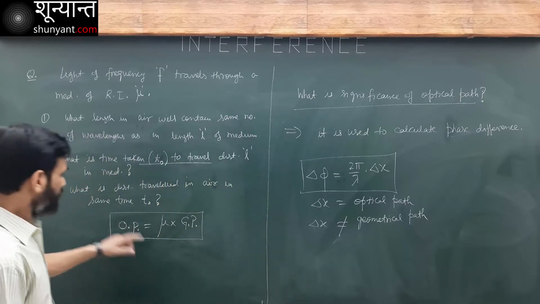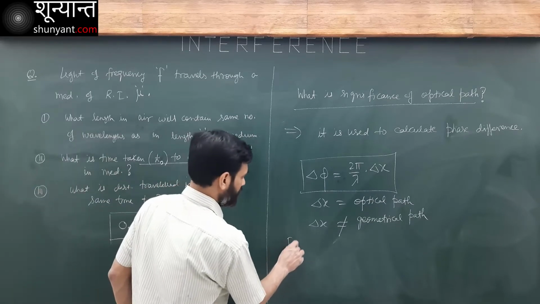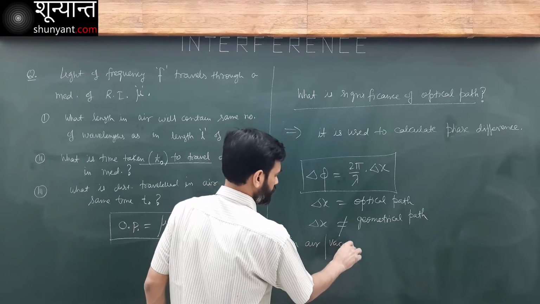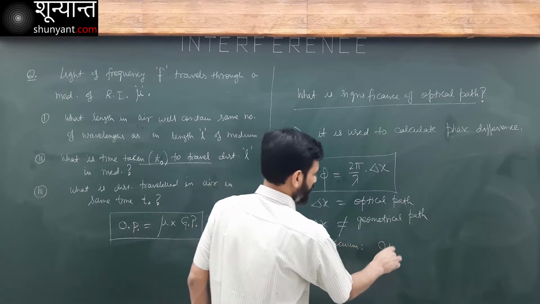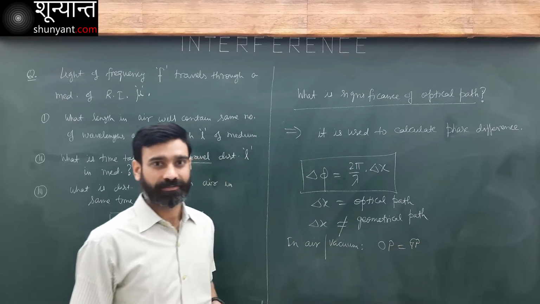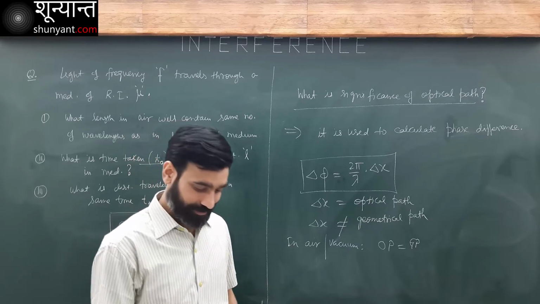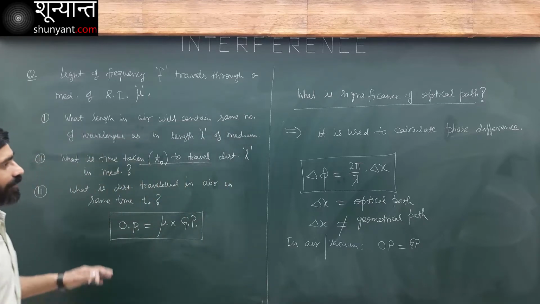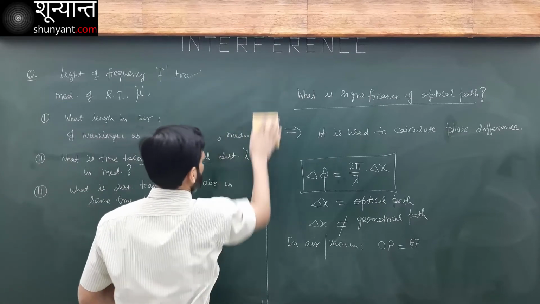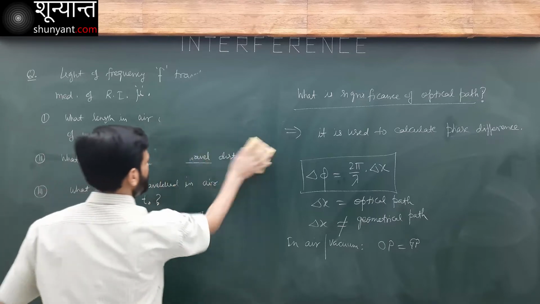In air or vacuum, optical path is equal to geometrical path, so it does not make any difference. You understand this? Now let's do a few problems. Just remember this relation: optical path is mu times geometrical path.